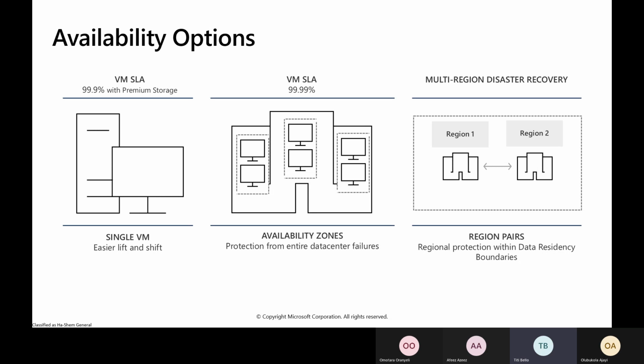Now, talking about this availability option, when we move further, we will talk about availability zones. Looking at the middle one, you have multiple virtual machines. What they have done here is to put the virtual machines in what we call an availability zone. An availability zone protects against a total data center failure.